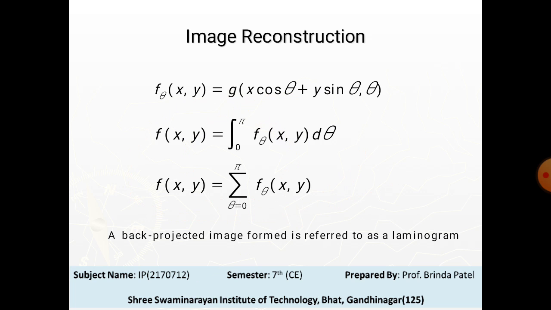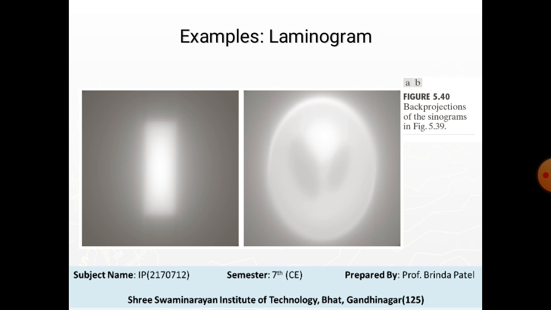Here a back projected image formed is referred to as a laminogram. Figures A and B show the back projected images corresponding to the sinogram. Here we note a significant amount of blurring.